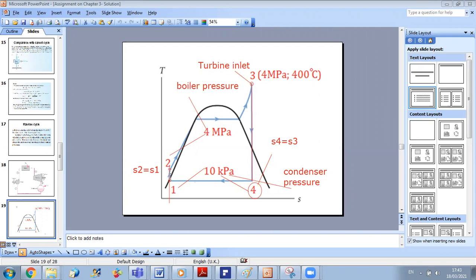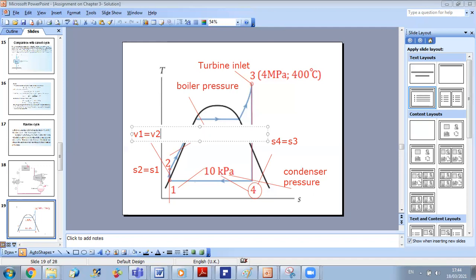Whenever I have a pump, we know that with the pump I have a liquid. From 1 to 2, it's a liquid state. And in a liquid state, the specific volume will not change a lot. So whenever you have a compressed liquid, it is a good assumption to say that the specific volume in 1 is nearly equal to the specific volume in 2.